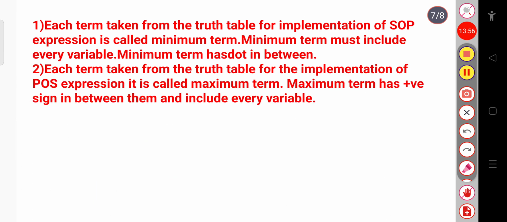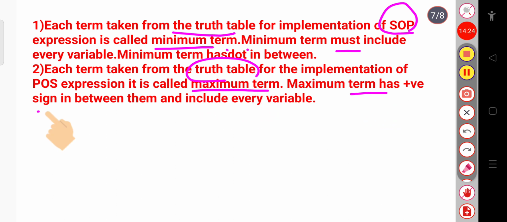So what we have discussed is that each term taken from the truth table for the implementation of SOP is called the minimum term, it must include every variable, and it has a dot in between them. In case of POS, it is called the maximum term, it has a positive sign in between them, and it includes every variable.